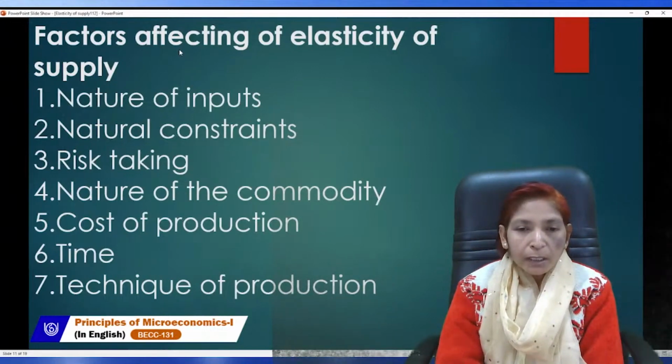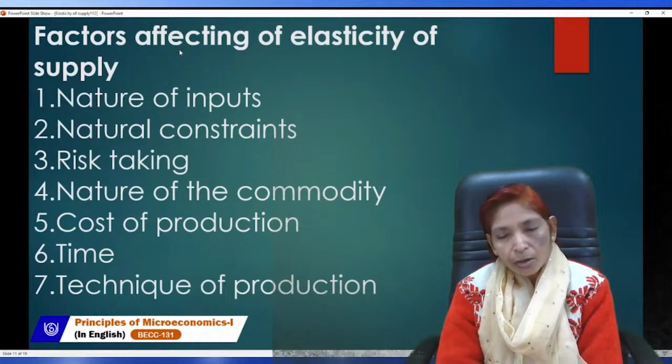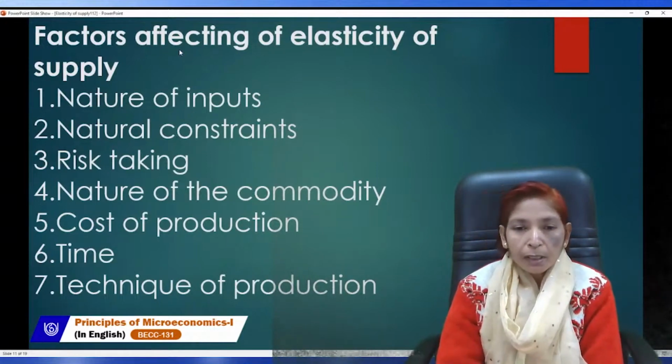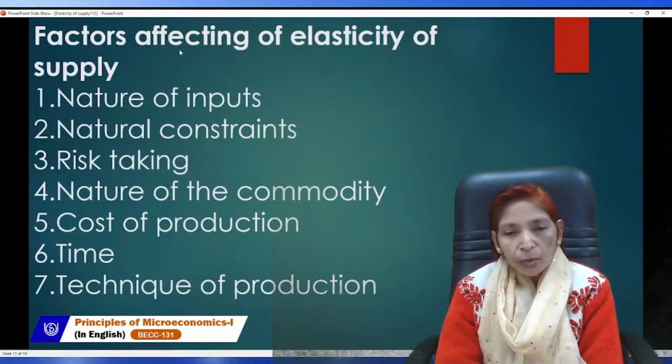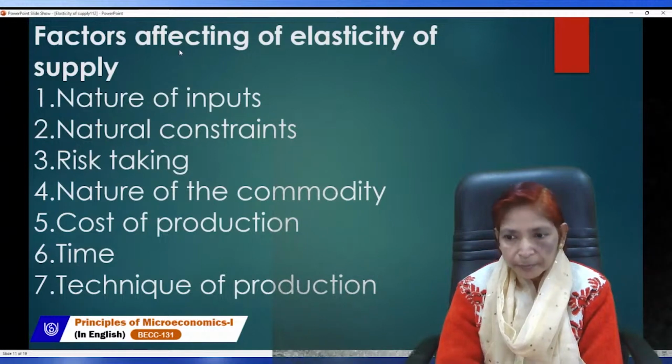If the nature of the commodity is durable, durable like which can be used for a long time period, for example, car, scooter, TV, fridge, etc. These goods are called durable goods which can be used for a long time period. In this case, supply will be elastic.